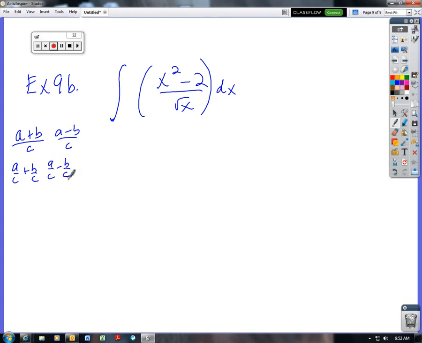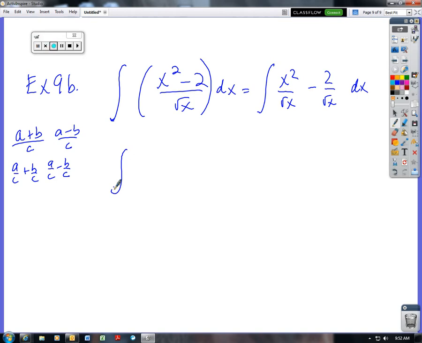So that's what we'll be doing here. So this will be the integral of x squared over root x minus 2 over root x dx. So I'm breaking it into 2 fractions. Then I can simplify these a little bit. You can't integrate them yet the way they're written.